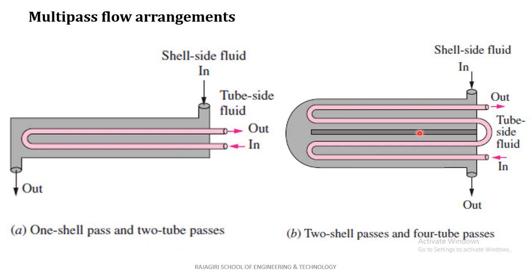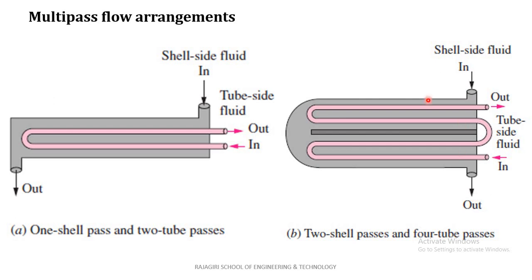So this is another type, 2 shell pass and 4, 8, 12, 16 and so on. Okay, 2 shell pass and 4 tube pass shell and tube heat exchanger. You can see the shell side fluid enters here and moves in this direction first, then returns back in this direction, entering at the same side and exiting at the same side.